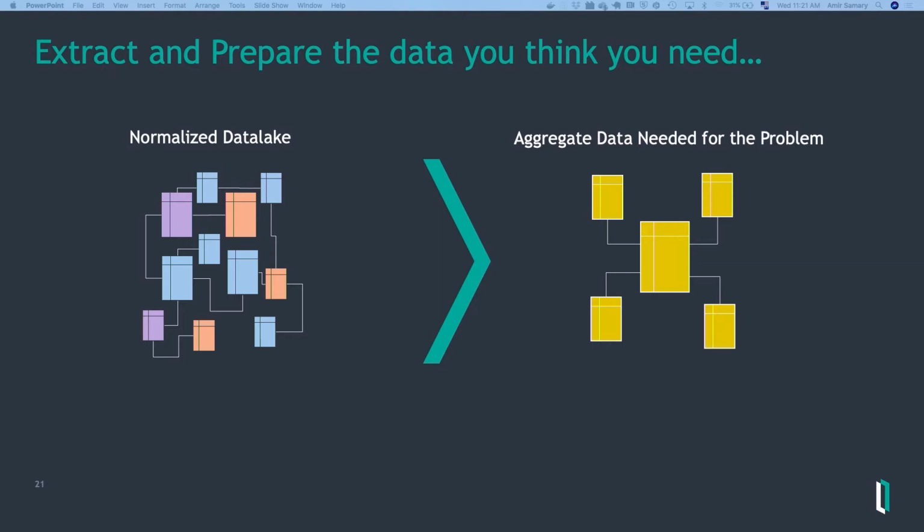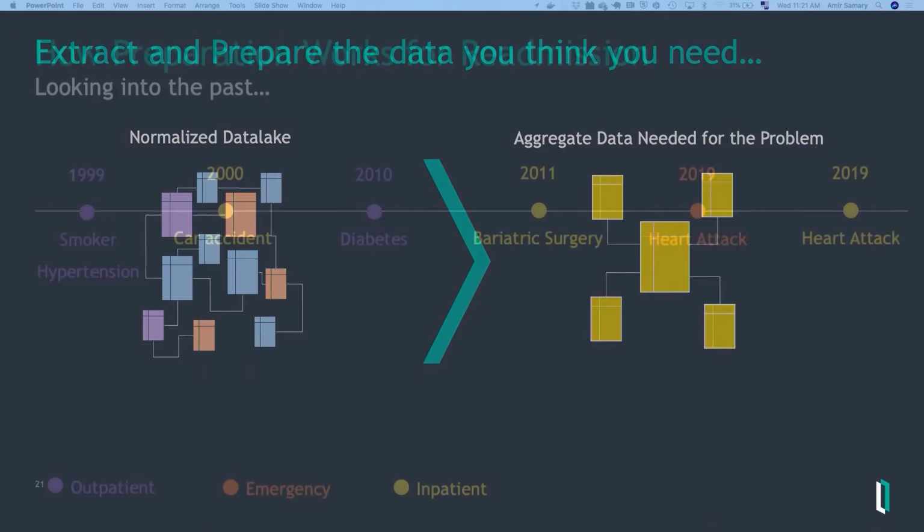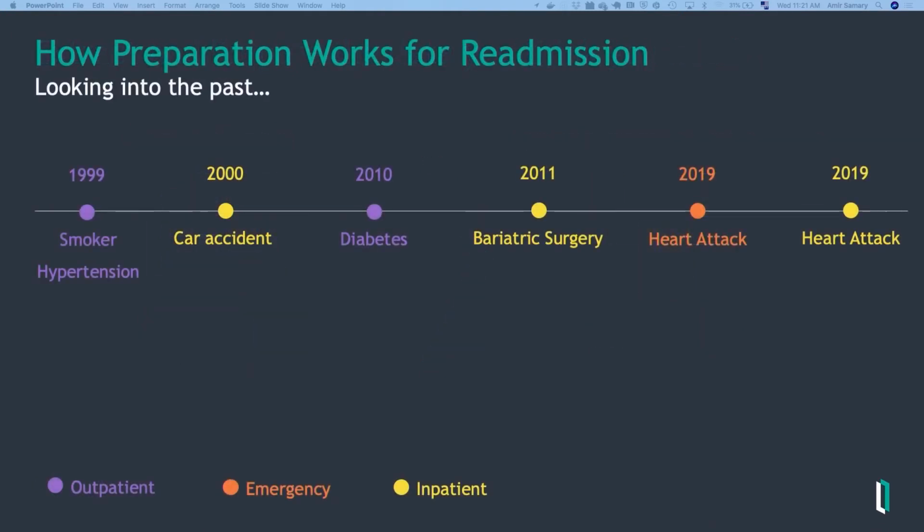So I will give you an example, and that's the part that I really learned a lot when working on this problem. Let's look at the readmission problem. So here you see a timeline of a fictitious patient, and in 1999, in primary care, someone typed in, oh, he's a smoker, and he has hypertension.